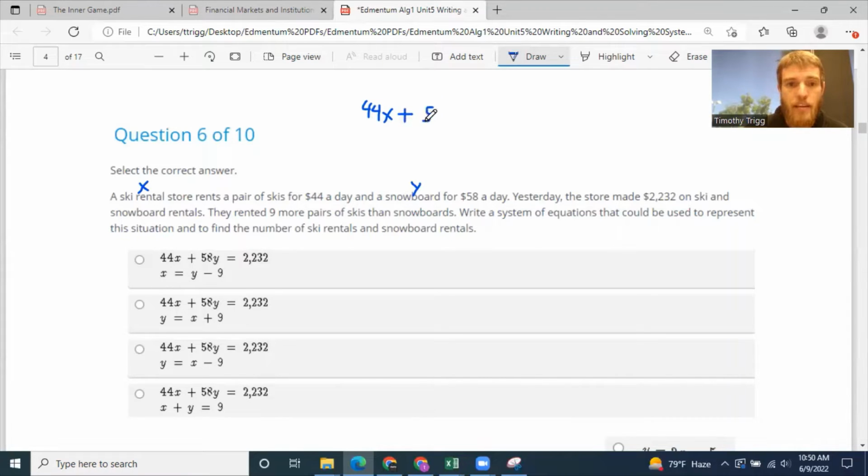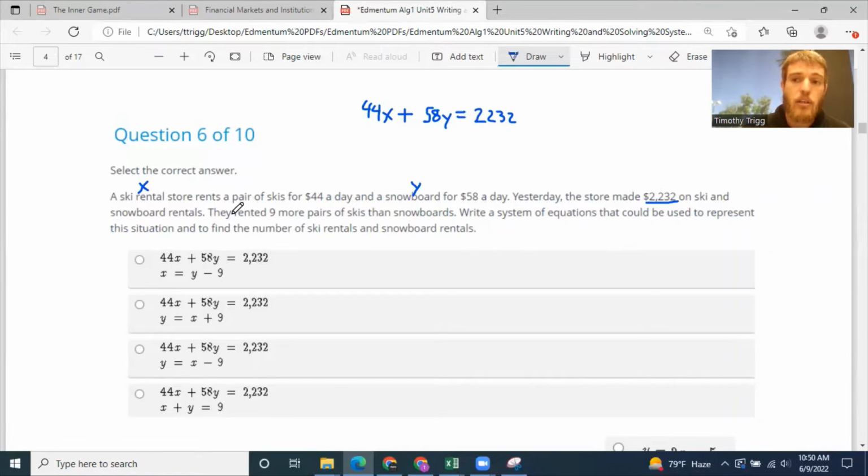Well, they get $58 for each snowboard rental, equals. Now, this will tell us the total amount of money they bring in, right? Because they bring in $44 times the number of ski rentals plus $58 times the number of snowboard rentals. That gives us the total amount of money that they bring in, the total revenue for the day. In this case, the revenue was $2,232.